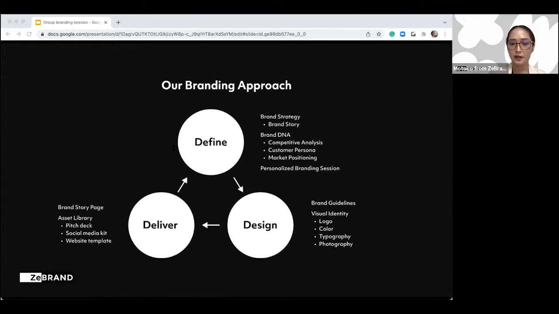First, you define your brand. It's about knowing what your brand is and who you want to deliver it to and how to do it. And then you design your visual identity. And finally, deliver your brand to the world. But as you see, the process never ends, because you can only know how your audience would feel about your brand once you deliver it.